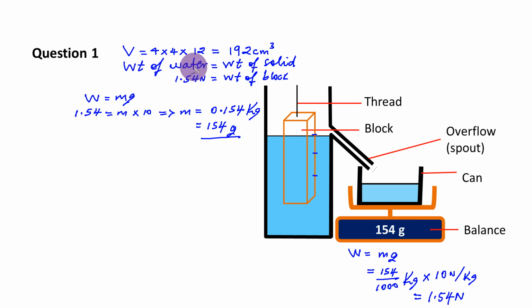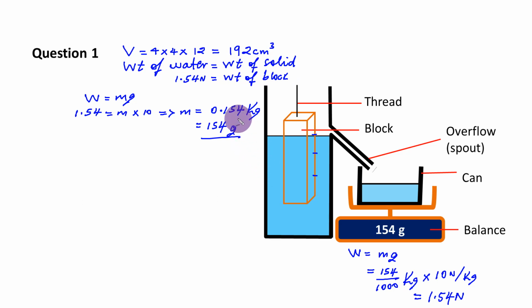By the way, here I'm assuming this liquid is water, but it is actually not water. We've just been told that it is another liquid. But since we use water most of the time, if this solid was being immersed in the water, then the weight of the water will be equal to the weight of the solid. But because it is any other liquid, the same statement applies. Weight of liquid is equal to weight of the solid.